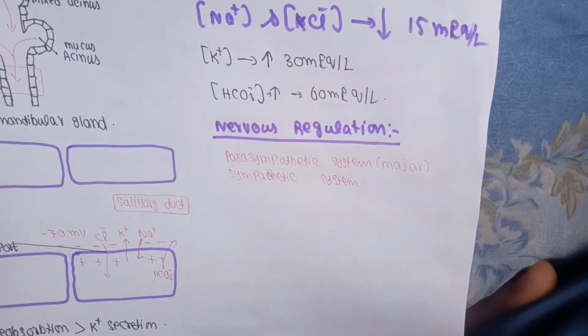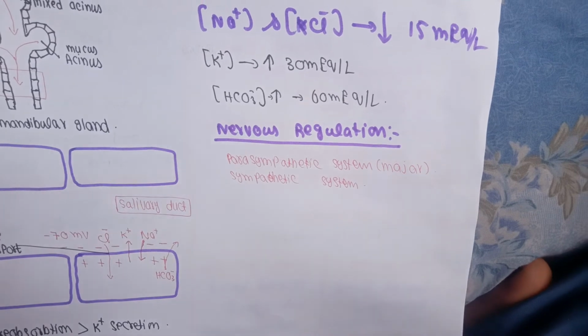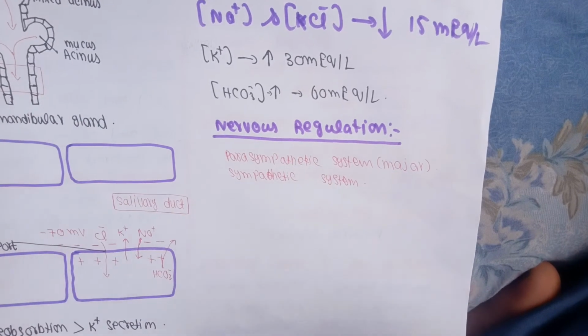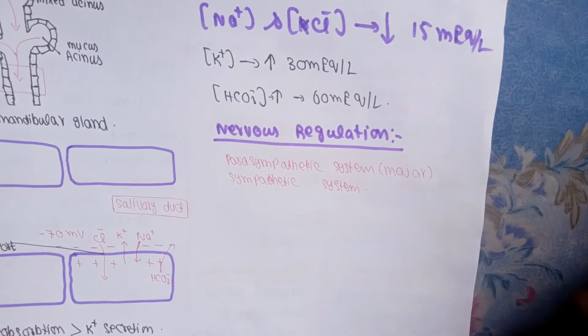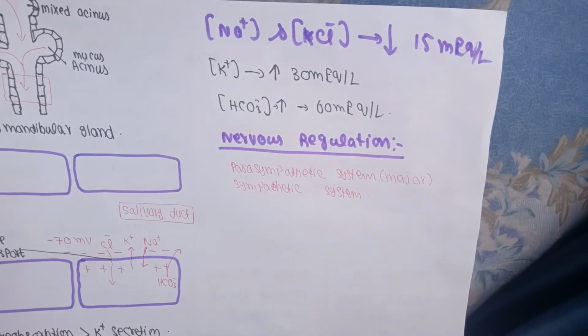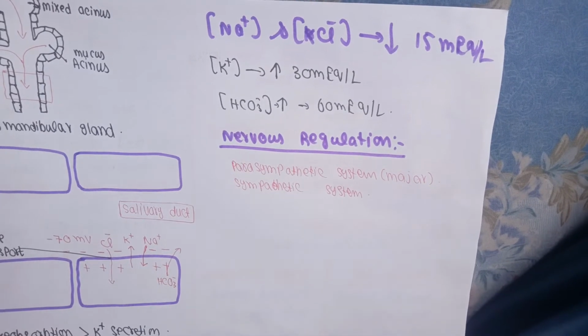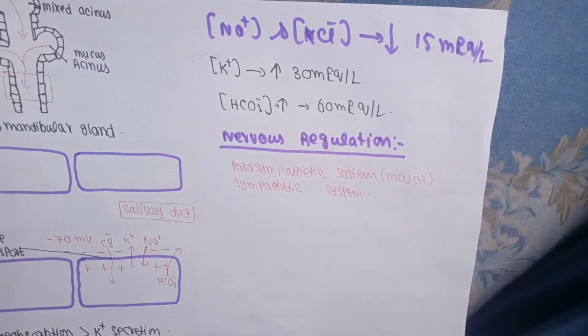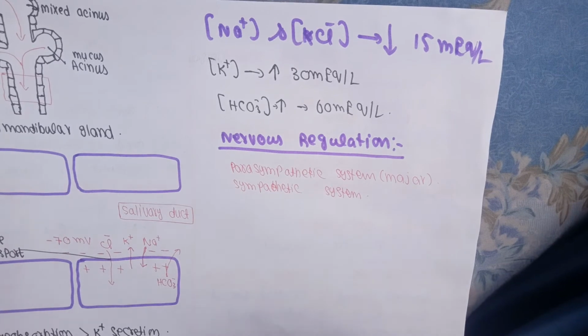The parasympathetic nervous system is the major effective system for the secretion of the saliva. The sympathetic system also has the ability to increase salivary secretion, but less than the parasympathetic nervous system.